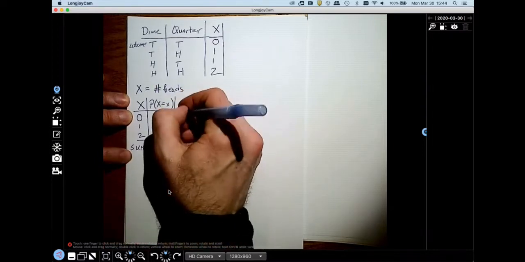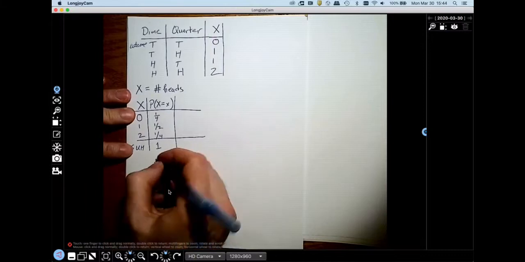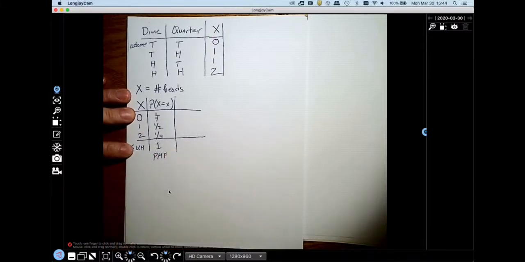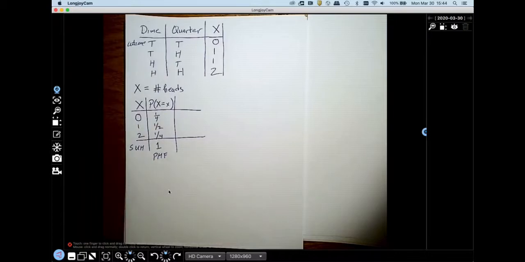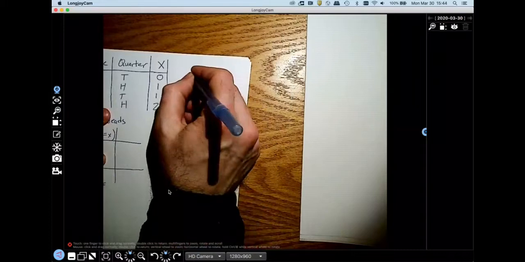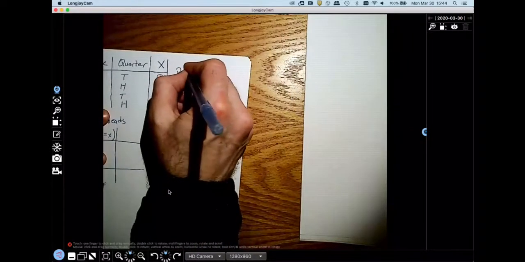If this doesn't equal 1, you made a mistake and you need to go fix it. All right, so that is a PMF, a probability mass function that tells us the value of each individual x. By the way, we can graph the PMF. This would be the probability of x.